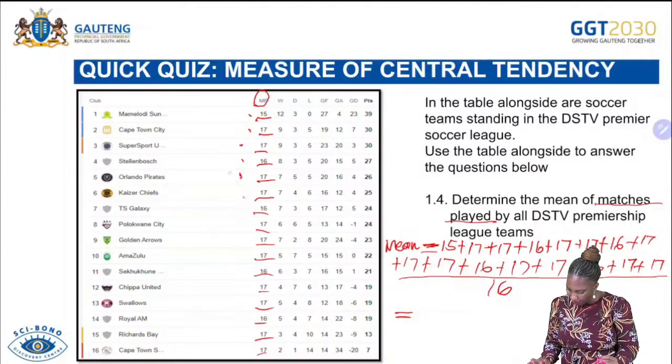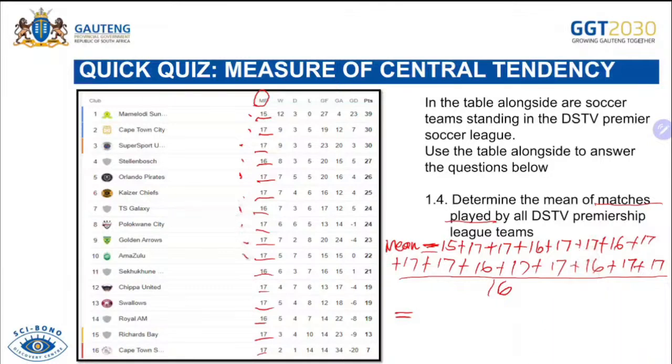Plus 17 plus 16 plus another 17 plus another 17 plus another 17, and then 16 plus 16 plus 17 plus 17 plus 16 plus 17 plus 17, the last one.